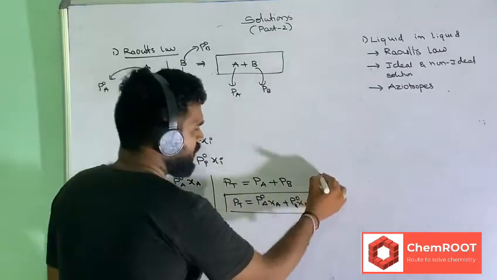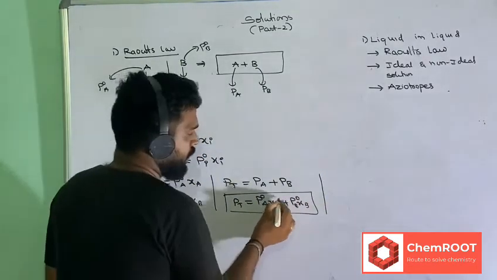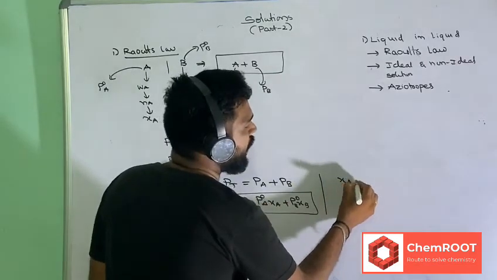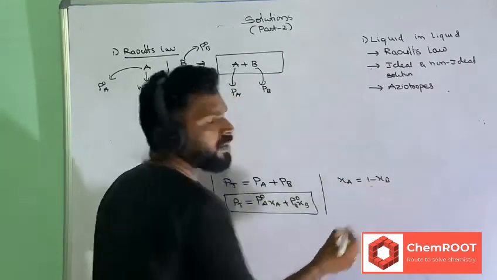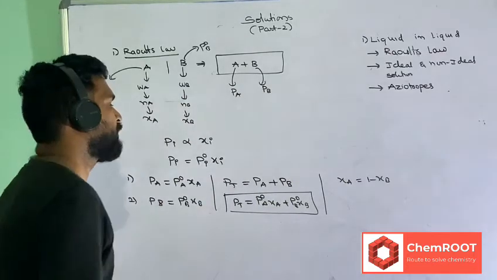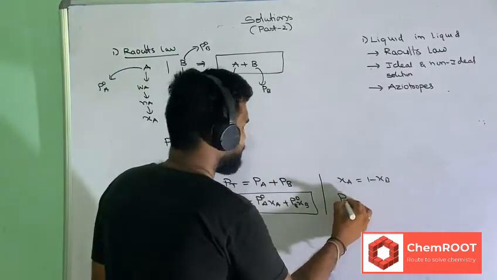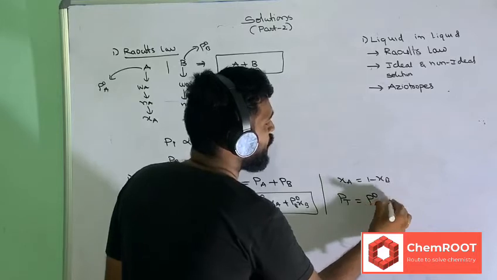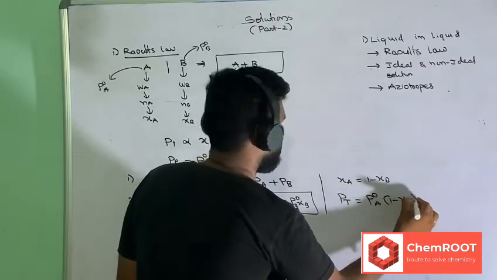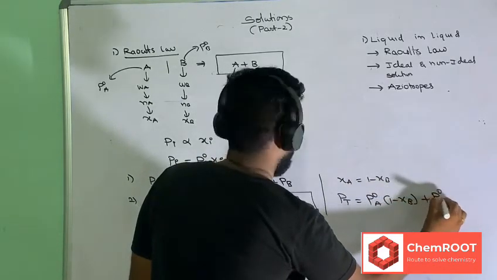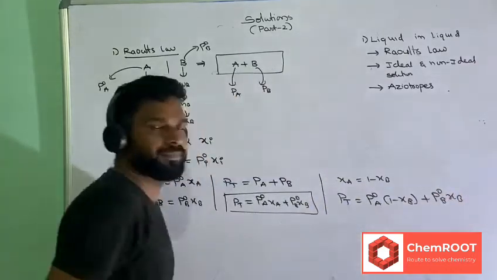Instead of chi_A, we write chi_A equal to 1 minus chi_B, since the sum of the mole fractions equals 1. Then P_total is equal to P naught A times (1 minus chi_B) plus P naught B chi_B.